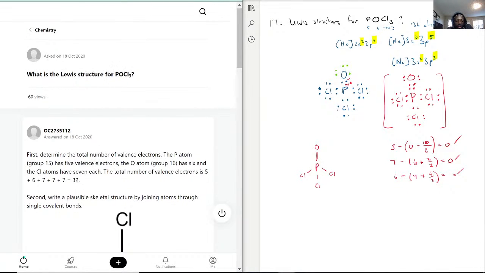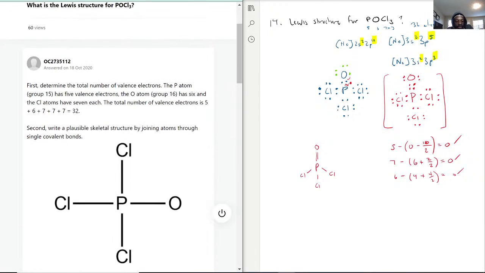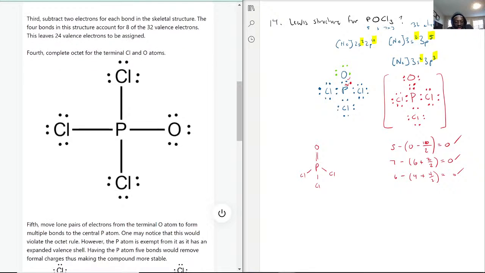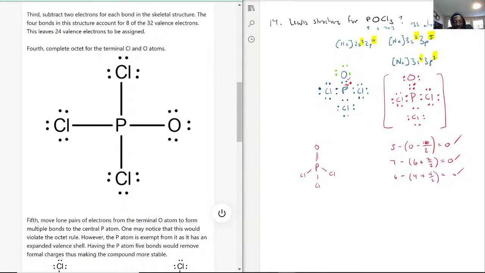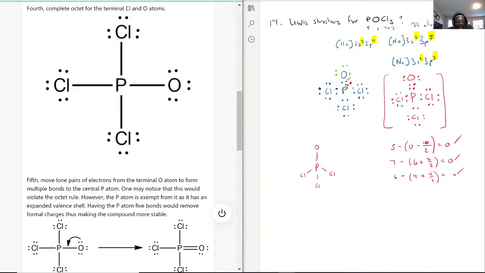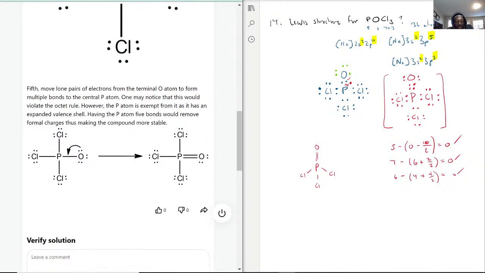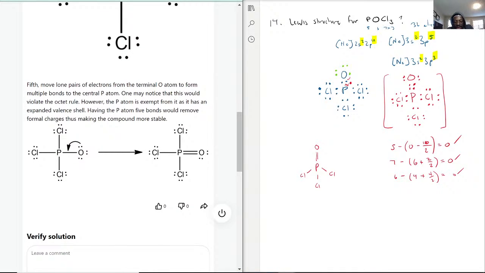Okay, so let's see how we did. So they wrote a plausible sketch, then they filled it out, and then they realized that they can move, I'm guessing for this one, one of the oxygen's bonds inside to make sure that the electron numbers matched. So exactly, the P atom is exempt from the octet rule, so that's why it can do that.